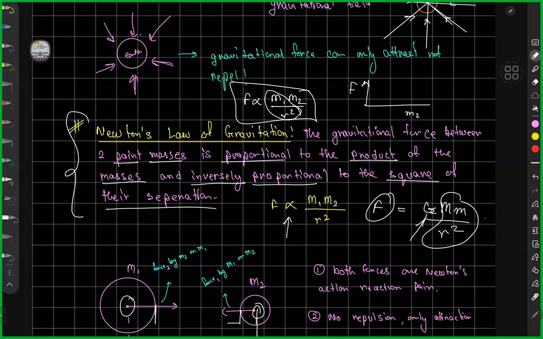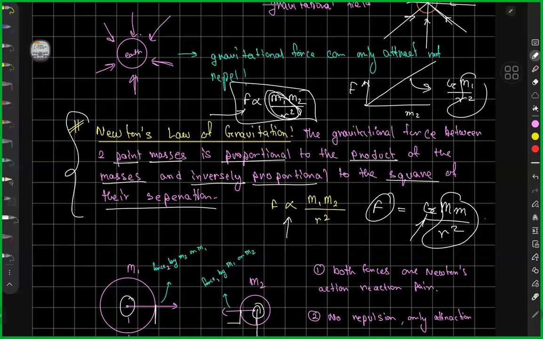They kept some of the variables constant, and the dependent variable, the force, changed according to how you changed m2. So m2 is the independent variable, and they plotted how the force increases. What they saw is it produces a straight line, and the gradient of this straight line is going to be G m1 by r square.